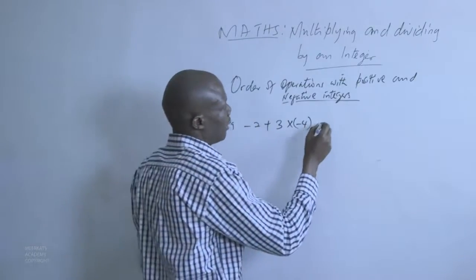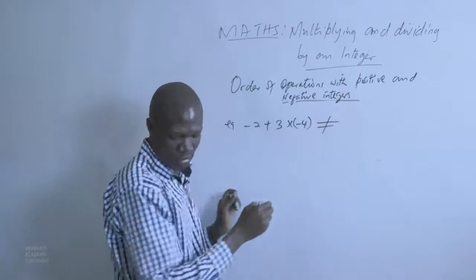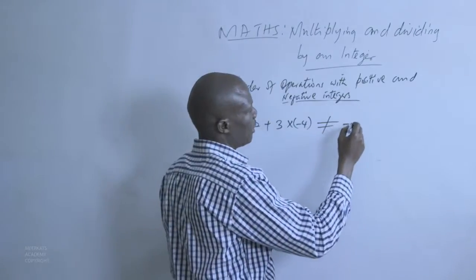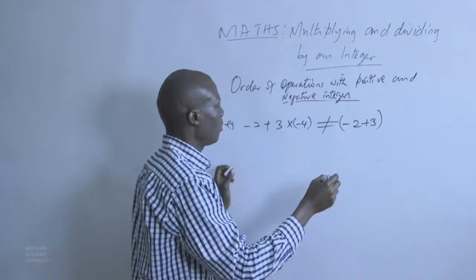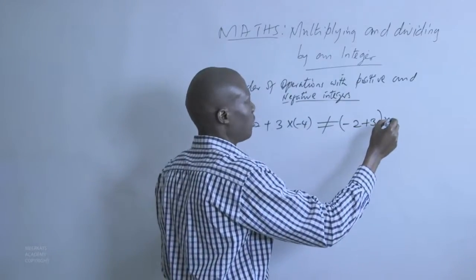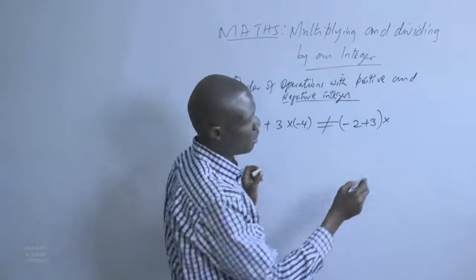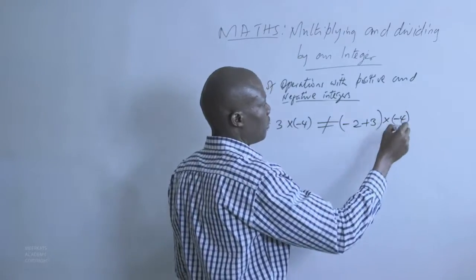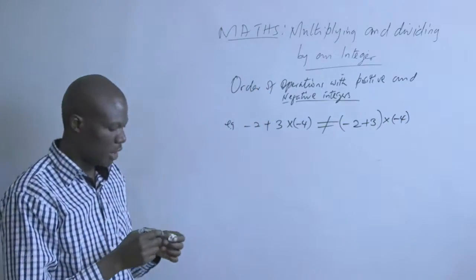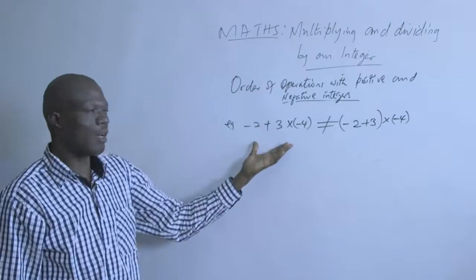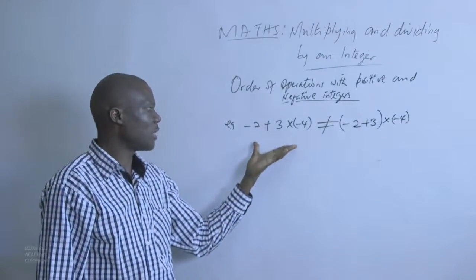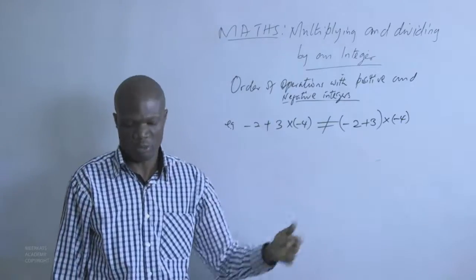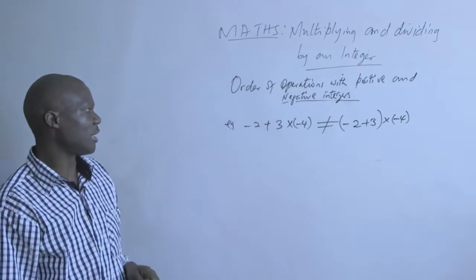This is not the same as negative 2 plus 3, then we put in brackets, times negative 4. I want you to see this very clearly. The numbers look alike, but I'm saying that the first operation and the second operation are not the same.